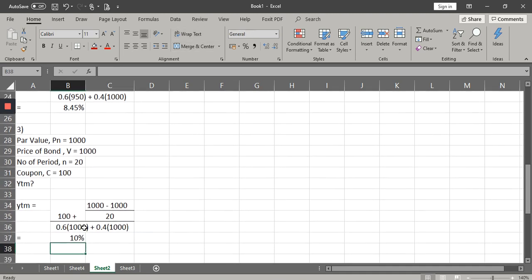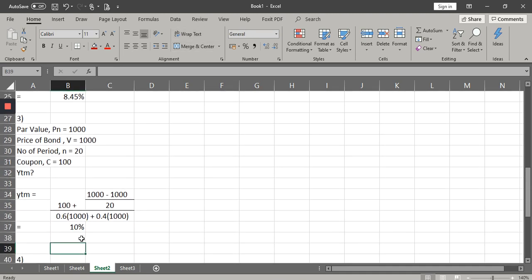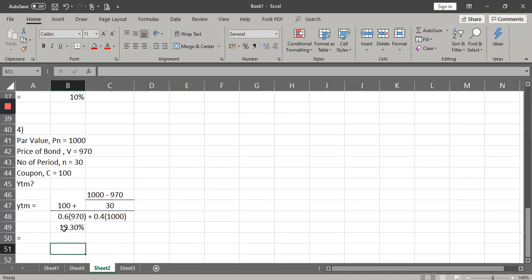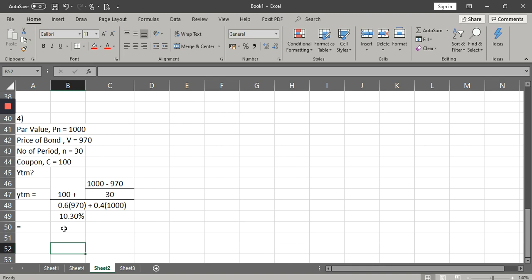Example 3, finally you get 10%. And then number 4, your par value is the same, with different bond price and coupon, you're getting 10.3%.